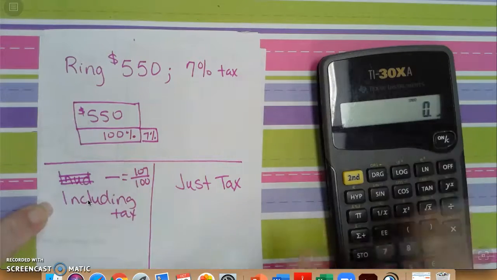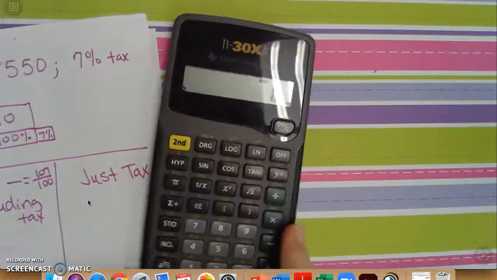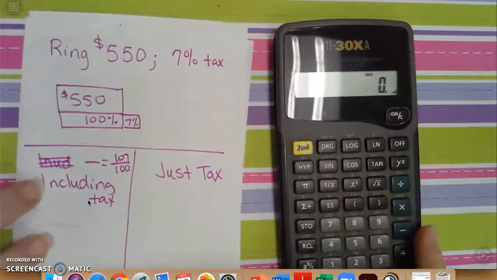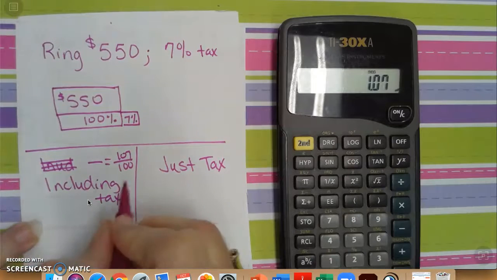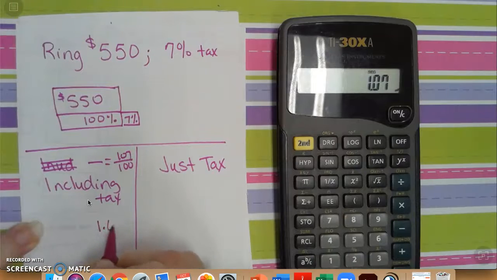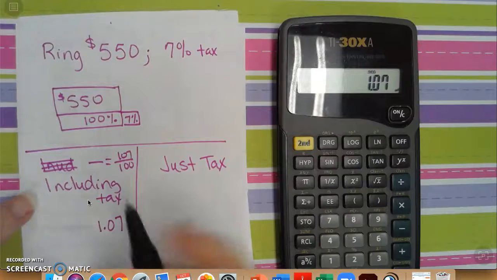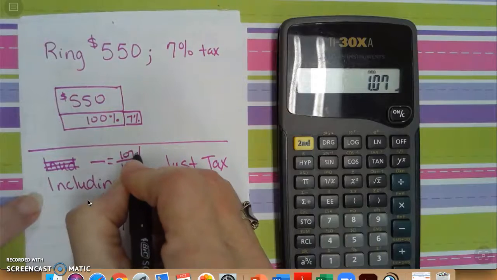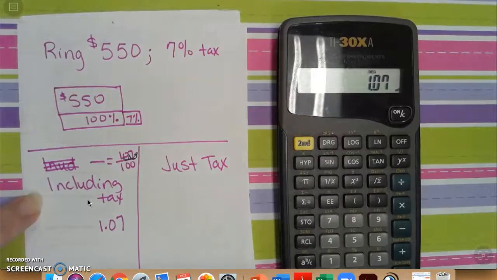Well, if you do 107 divided by 100, because that's trying to make as many connections as I can to earlier this week, that's going to give us 1.07. In the lower grades, you learned that all you had to do was move the decimal back 2 times, and that would be the same thing as dividing by 100.